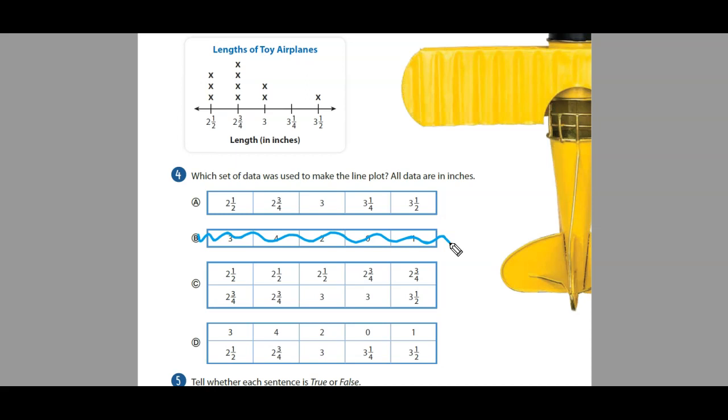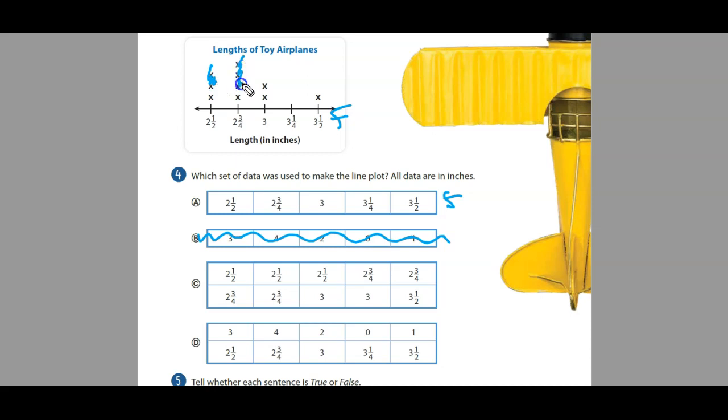Here it says which data was used. Okay. This one right here is just the numbers at the bottom. Because if A was used, that means there's only one X there.